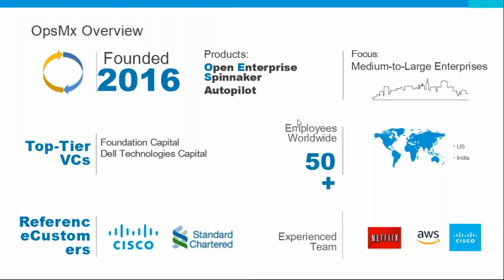Along with Open Enterprise Spinnaker, we have also developed a product called Autopilot, which basically assists organizations to execute the delivery of their day-to-day releases, and captures the successful releases and the failed releases.